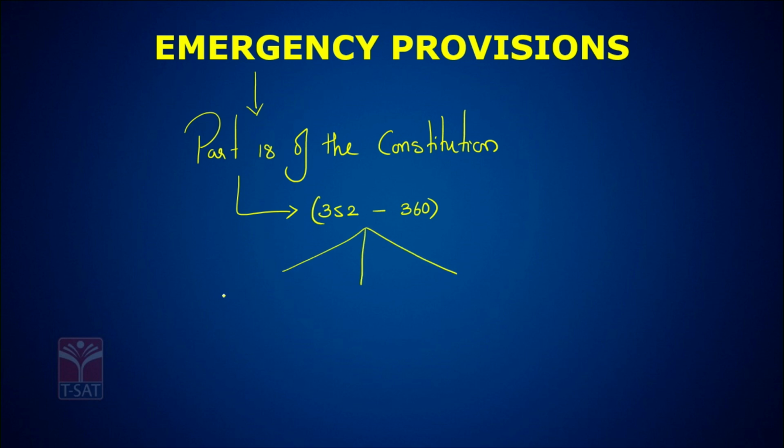The first one being the national emergency. The second one being the state emergency. See, the state emergency is also called president rule. And the third one being the financial emergency.